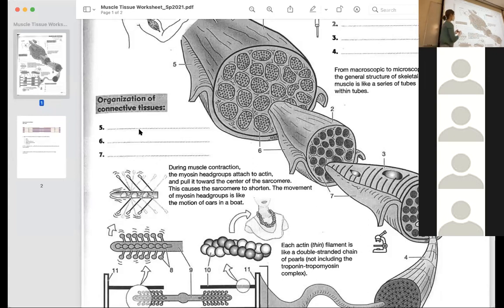Next down, so around one fascicle. What's that one called? Around a fascicle. So holding a bunch of cells together, basically.